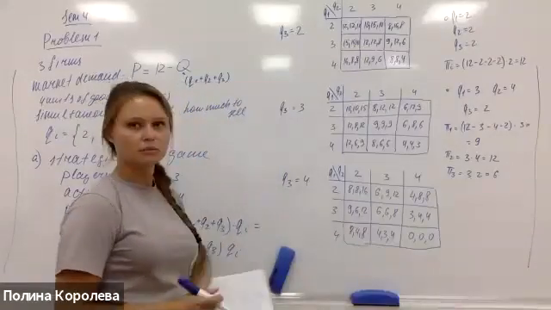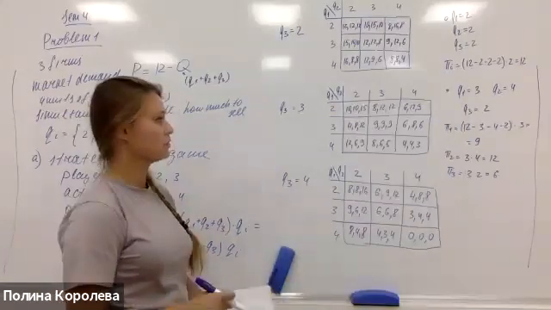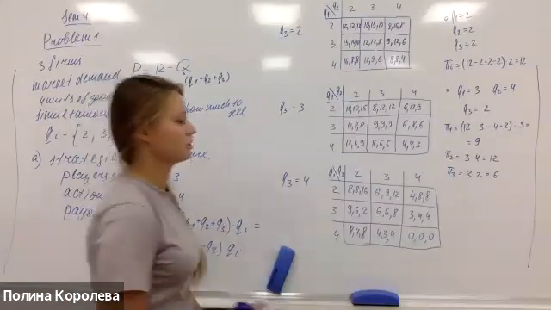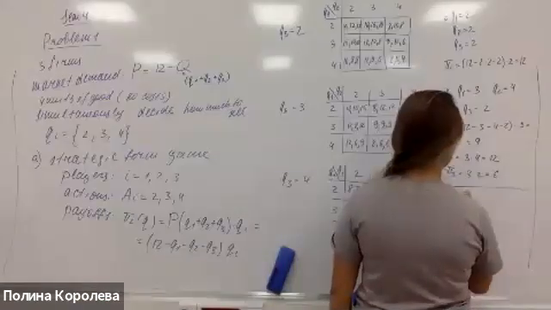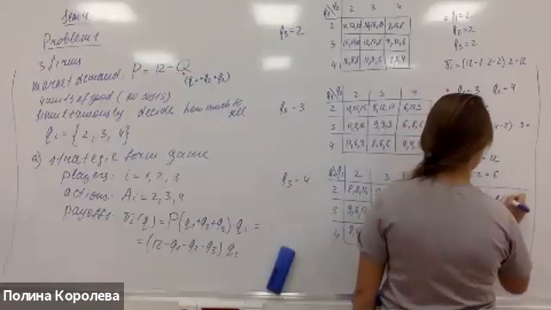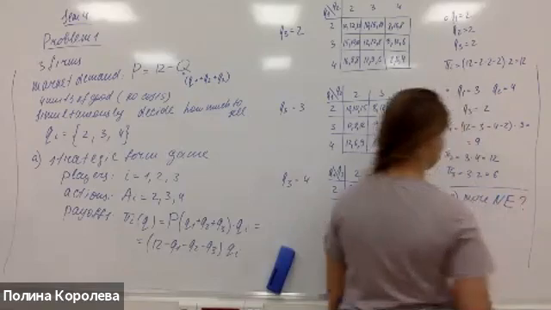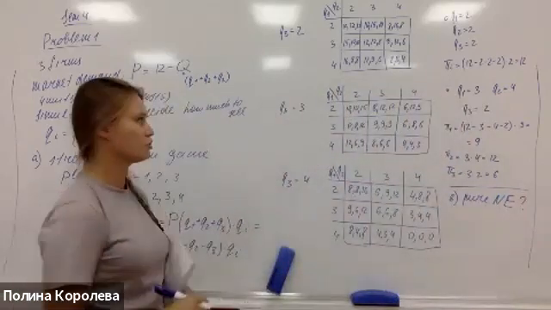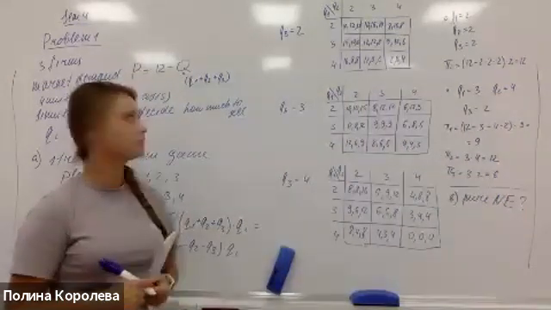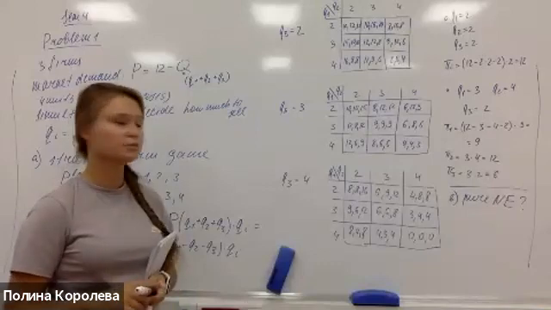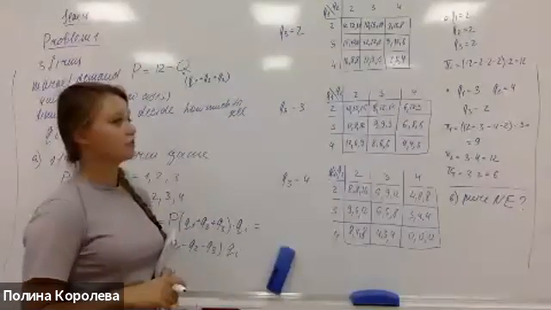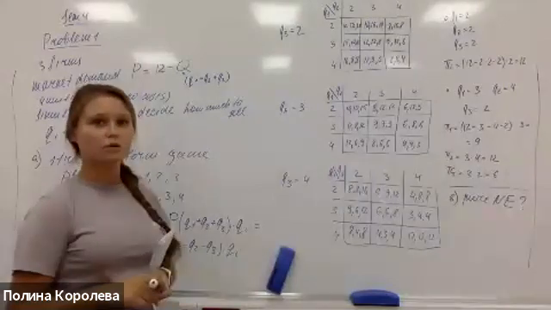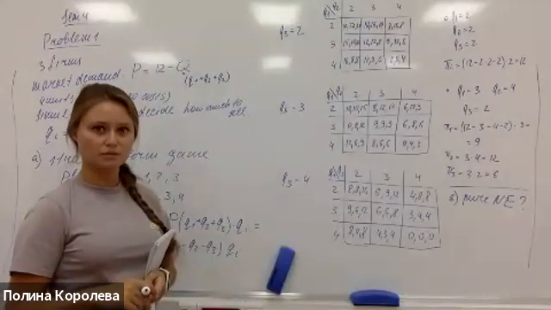Okay, so now our task is to find the Nash equilibrium in pure strategies. What is Nash equilibrium? It is the set of optimal strategies of each player such that no one wants to deviate.